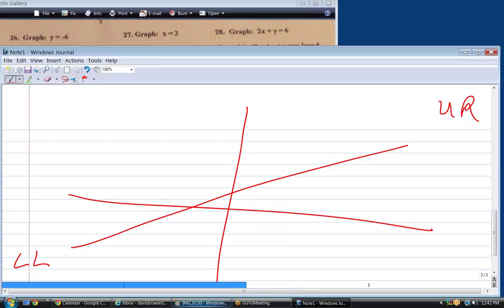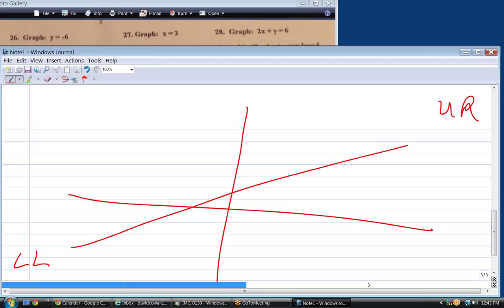I guess I'm thinking, how do you know whether it starts at lower left and goes to upper right, or starts at upper right and goes down to lower left? Isn't it where you start your line? In other words, this line here goes from lower left to upper right. It also goes from upper right to lower left. Right. So it's not the dual orientation that matters.